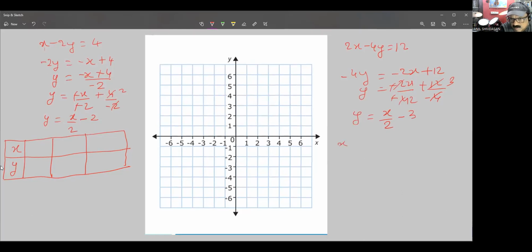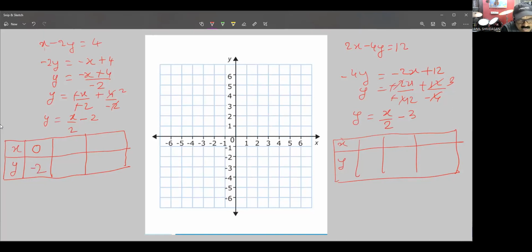Let's look at the table now. x, y, 3 points. We will fill it up. First, we'll do this one. Suppose x is 0. So 0 upon 2 is 0, 0 minus 2 gives minus 2. Suppose x is 4.